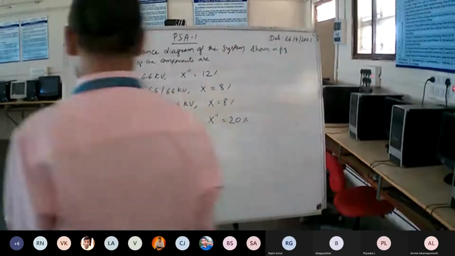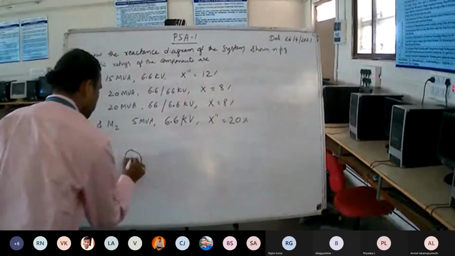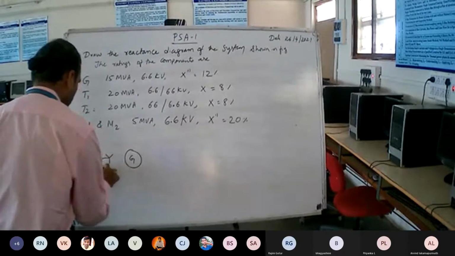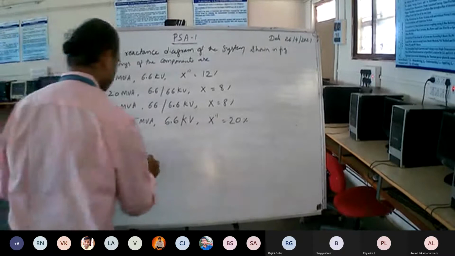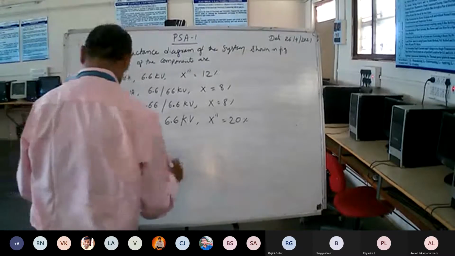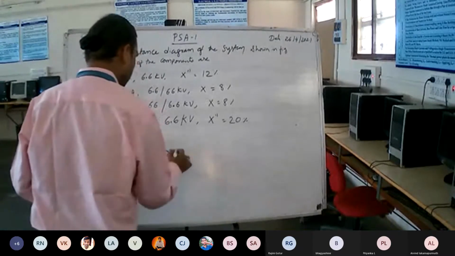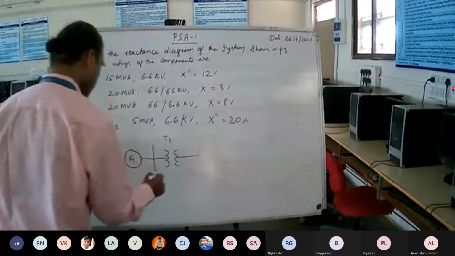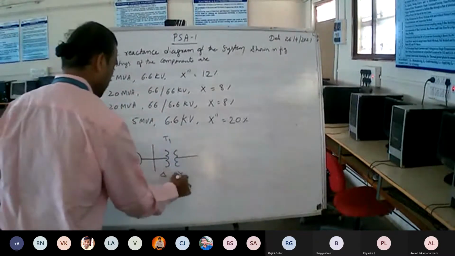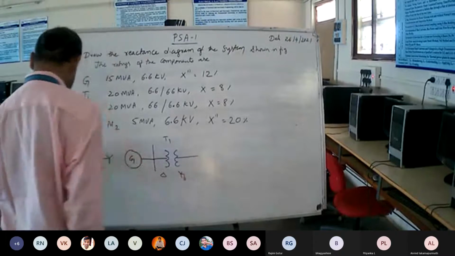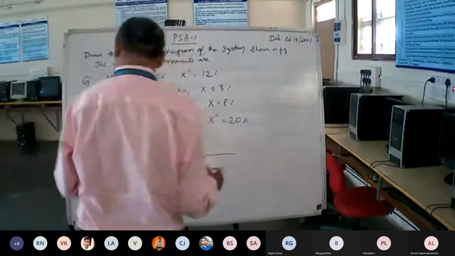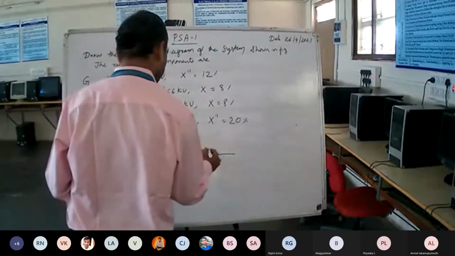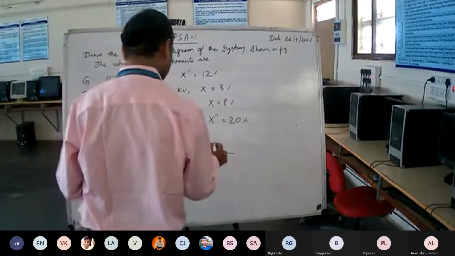So take the diagram. Generator, power connection. Transformer 1, delta connected and star connected, grounded. The transmission line reactance is given as j60 ohm.